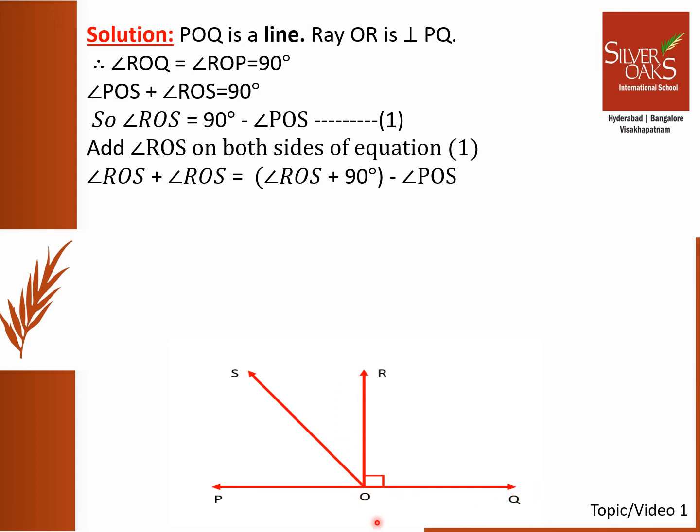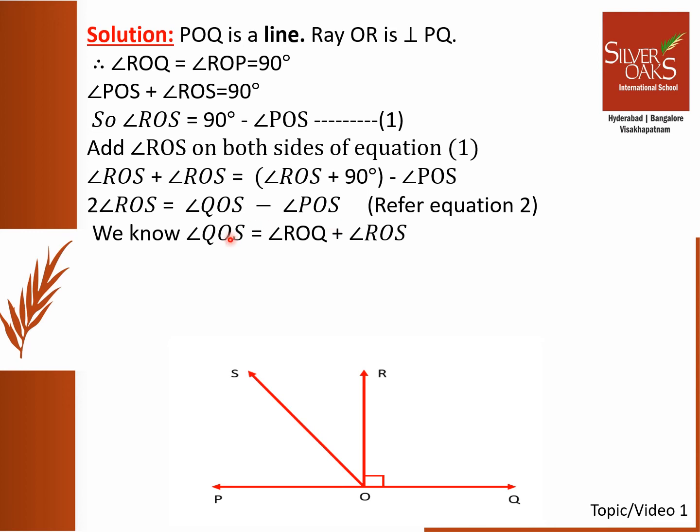ROQ can also be written as ROP. I have just replaced that. So ROS, this angle plus this angle, is what? The complete angle QOS. That is what I wrote here. This angle is now QOS minus POS.